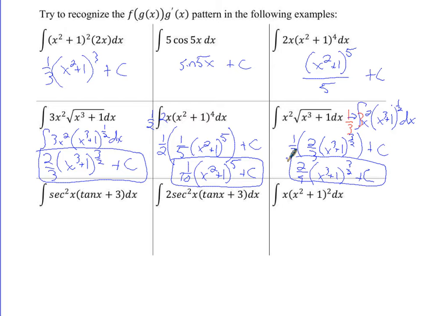Okay, a couple trig integrals to deal with here. The integral of secant squared x times tangent x plus 3 dx. I got u prime. The derivative of tangent x plus 3 is secant squared x.